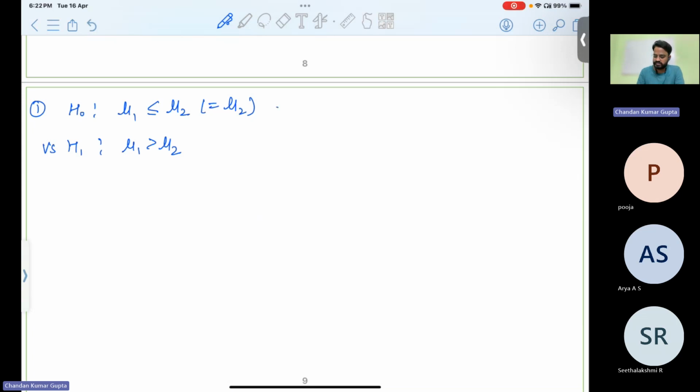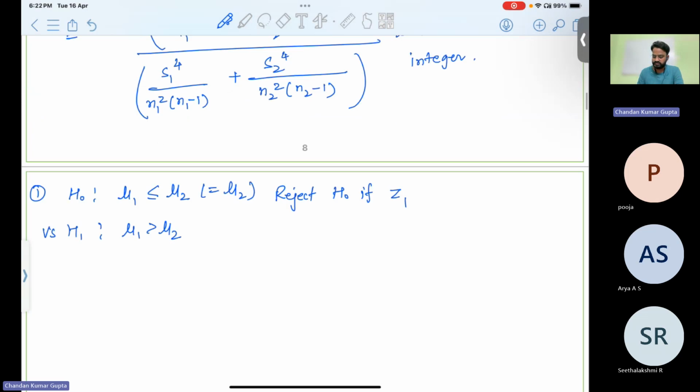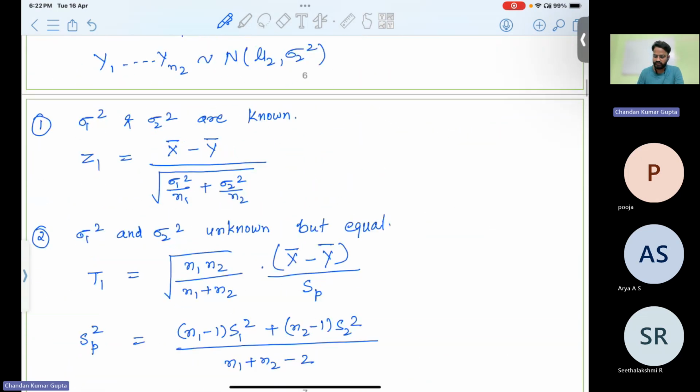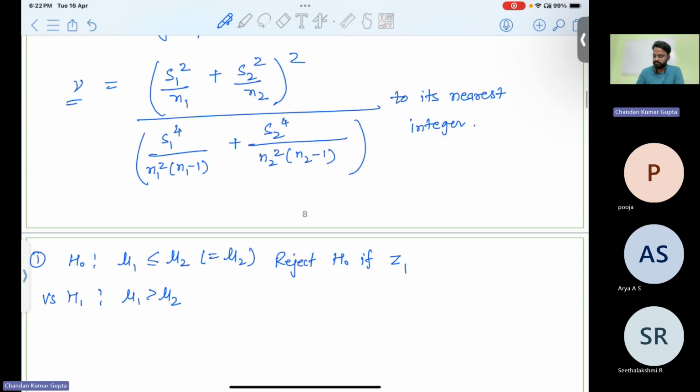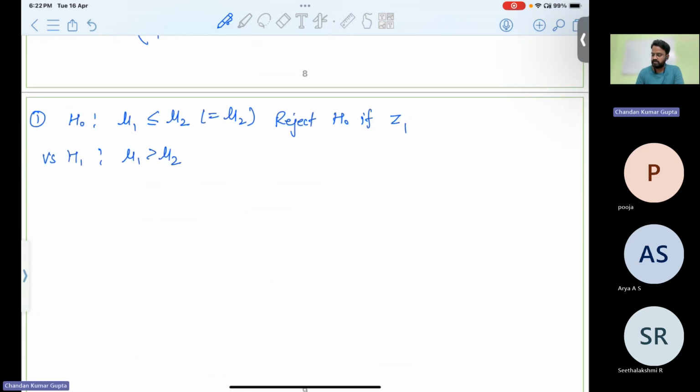In this case we reject h0 if z1, the statistic which we have defined when sigma 1 square and sigma 2 square are known, is greater than or equal to z alpha at alpha level of significance.